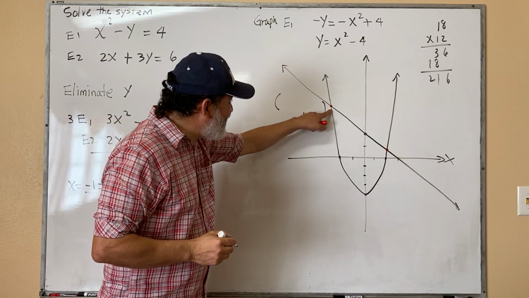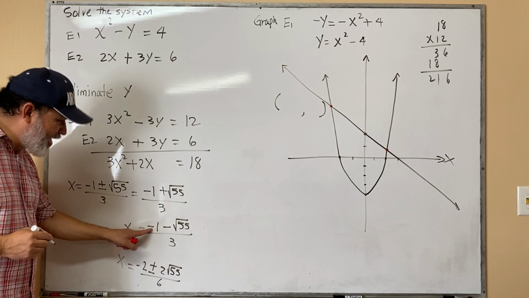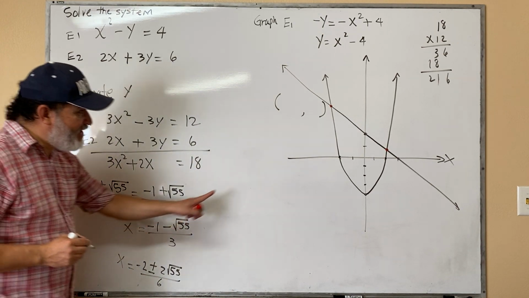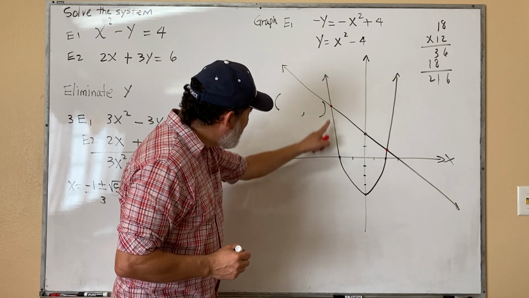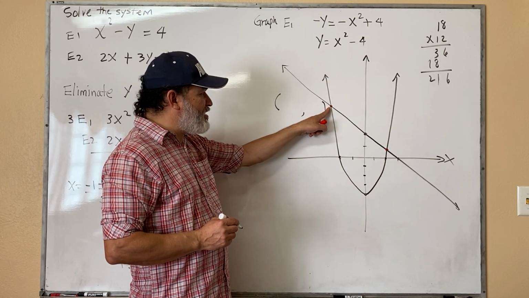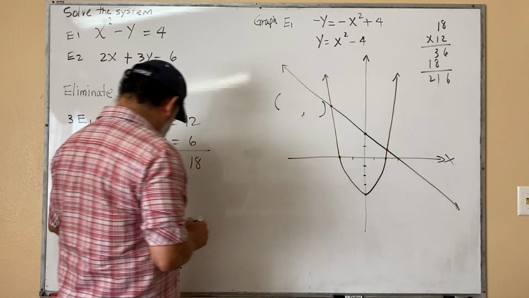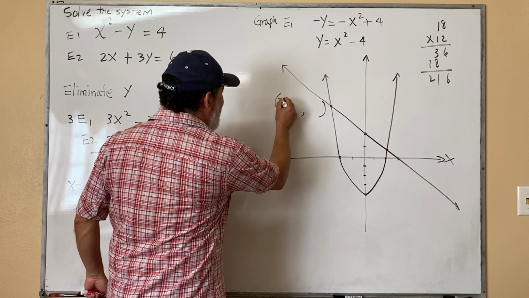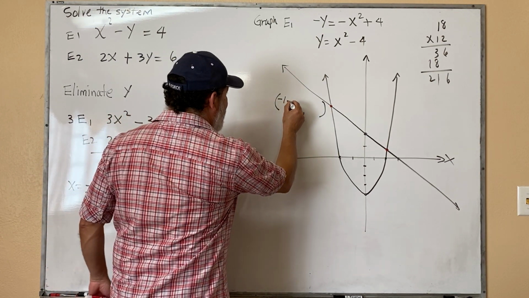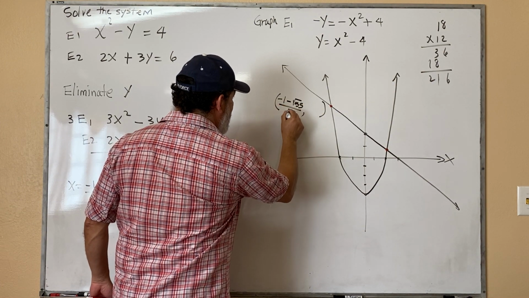We found the x value for this point. This point, this address, this party has a negative x coordinate, which is negative 1 minus the square root of 55 over 3.